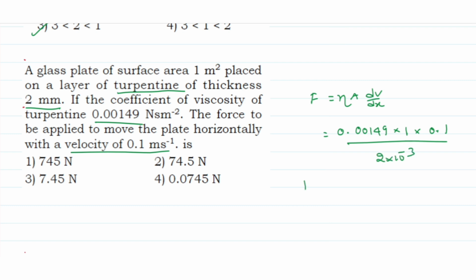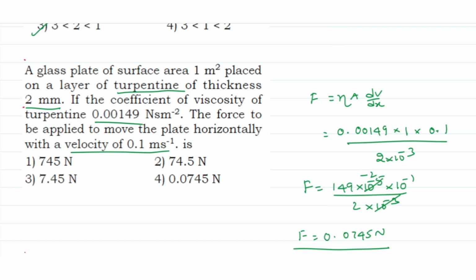Here we can write this as 149 into 10 power minus 5, into 10 power minus 1, by 2 into 10 power minus 3. Here minus 3 and minus 3 get cancelled, remaining will be 10 power minus 2. Here 149 by 2, all together the answer will be nearly 0.0745 newtons. So this will be the correct answer.